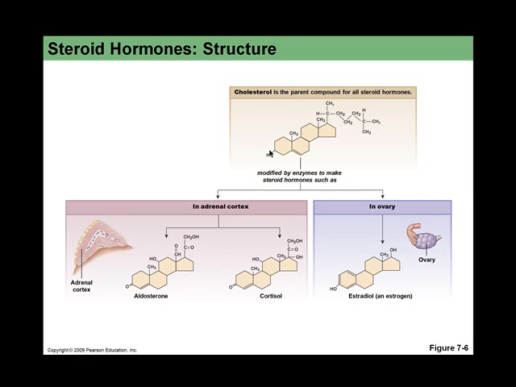Cholesterol, OL, so there's 1 OH group. And then look for double bonds as you're going through the ring structures. So ring A, B, C, D. All the hormones are going to have the double bond in the A ring, and estradiol is going to have not only 2 OHs, but 3 double bonds in the A ring.